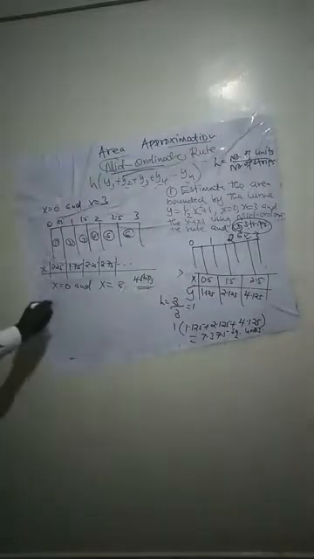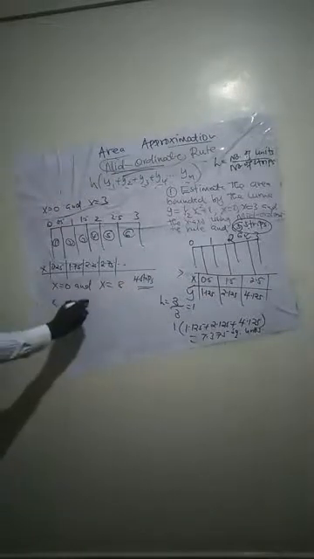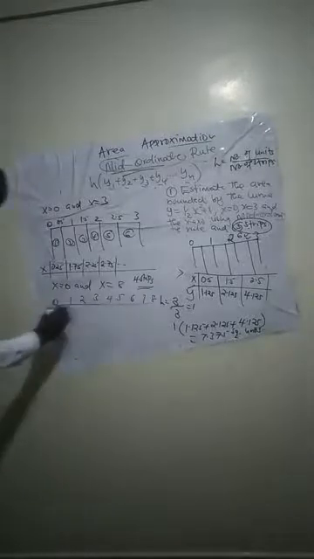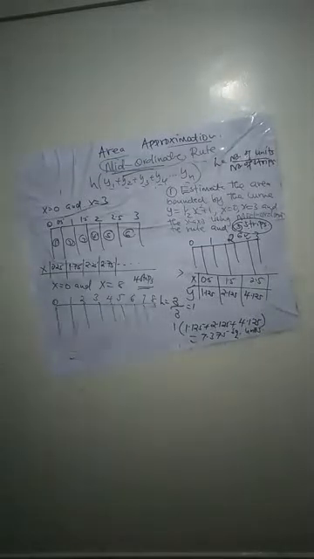So you have 0, 1, 2, 3, 4, 5, 6, 7, and 8. Notice that in this case you have 8 strips. 1, 2, 3, 4, 5, 6, 7, 8. You have 8 strips, but you're told to use 4 strips.